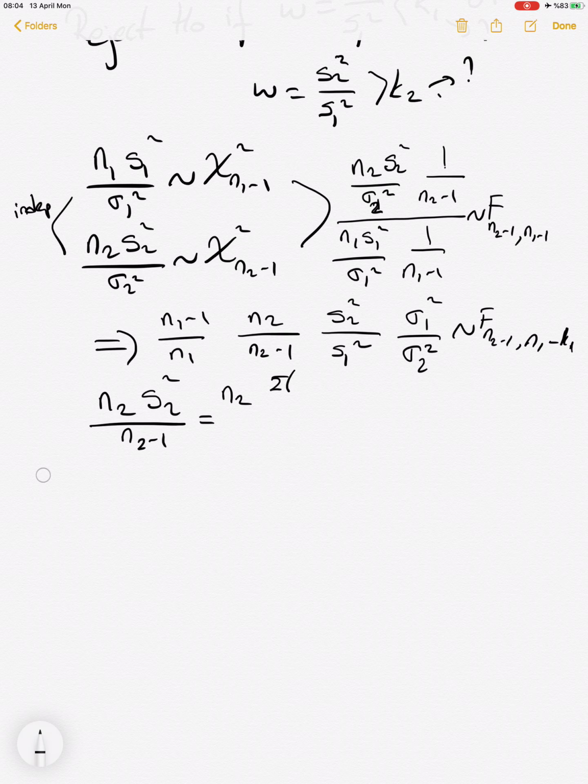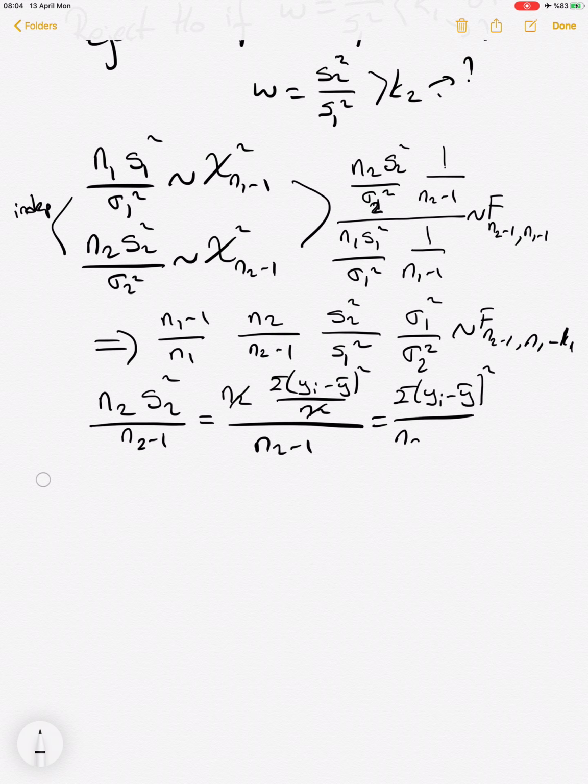Let's write it: sum of (yi minus y bar) whole square divided by n2, and we have n2 minus 1, right? These n2 terms cancel out, and now we have an unbiased version of the sample variance for y. Okay, so with n2 minus 1, let's write this as S2 star square. And do the same thing here.